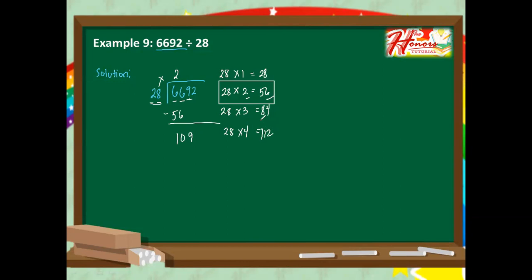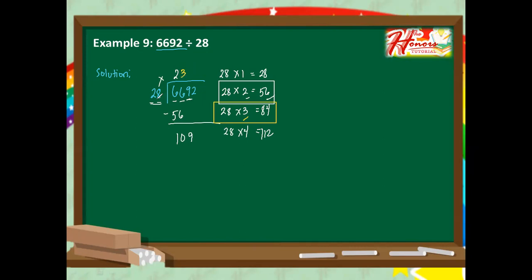Again, we don't have the exact value for 109 here, but we should be getting the number which is closest to 109, and that is 84. So we will be writing 3, the number beside 28, here in our quotient.